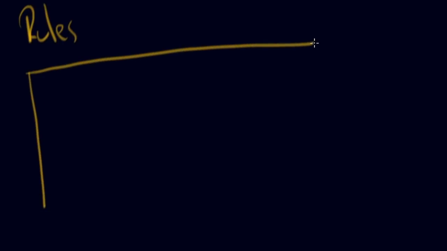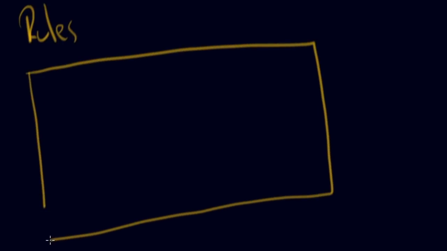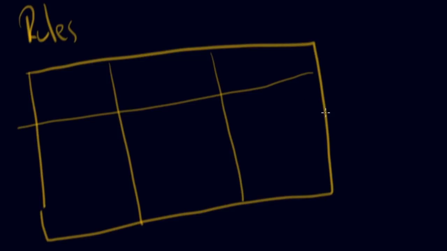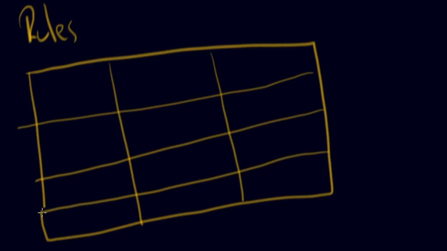Let's give you the down and dirty rules. They're just straight up rules about how to do this. If you're taking notes, draw a giant rectangle that has 3 columns and 4 rows. Try and make your rows more straight than mine, that's a really slanted box, but that's okay.